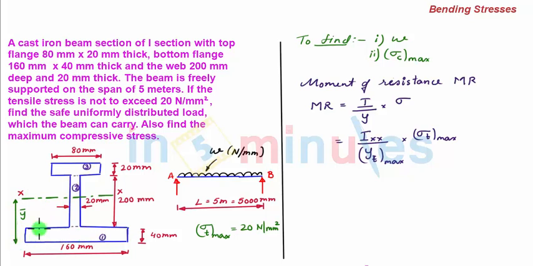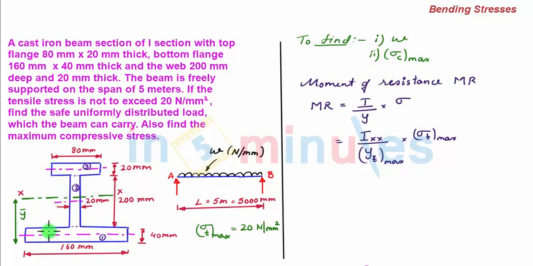For calculation, we divide this composite I section into three parts of rectangular and symmetrical section, part 1, part 2 and part 3, and let the three axes shown here be the centroidal axis of each of these symmetrical rectangular parts. We can denote the distance of each of the centroidal axes from the bottommost axis as y1, y2 and y3.